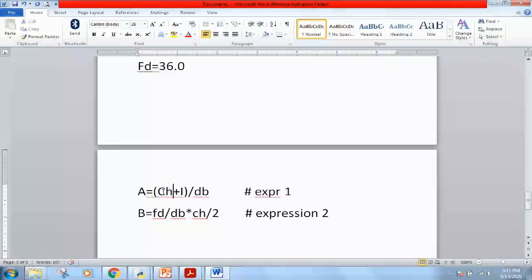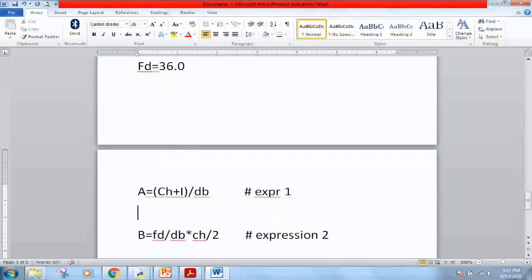So irrespective of the plus sign and division, I will first take this parenthesis and solve it. ch plus i: ch is an integer and i is also an integer. I'm trying to find out what will be the type of the variable a after this evaluation.